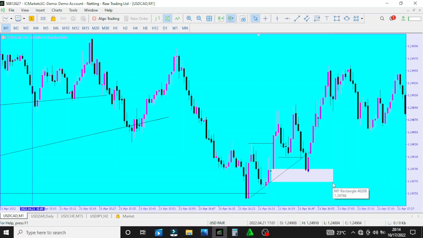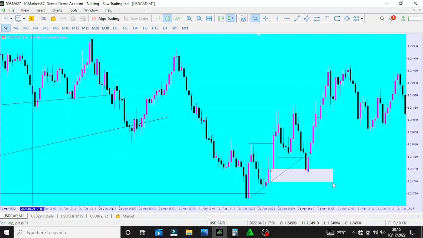It's a 2 pip order flow. It's a 2 pip demand zone. But this 2 pip demand zone, if the price goes below by even a single pipette, the entire bias changes.